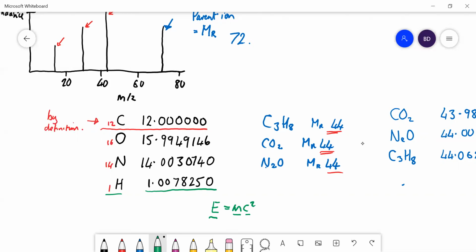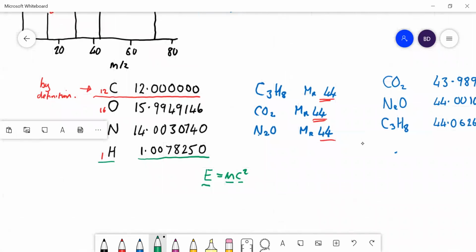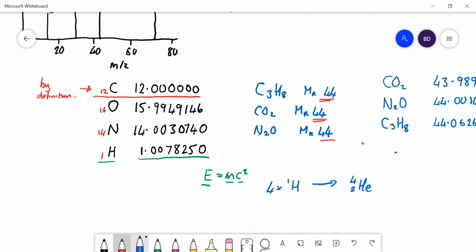If you look at hydrogen, that is quite a lot heavier than expected. And in a star, you're probably aware that you get 4 hydrogens converted into helium, and in the process you get vast amounts of energy out.